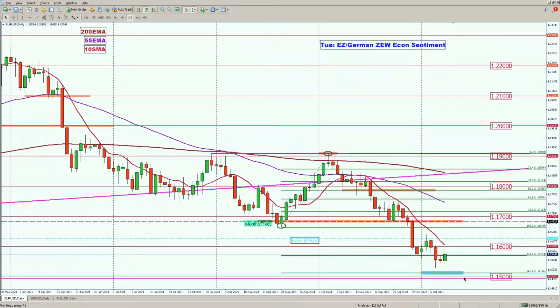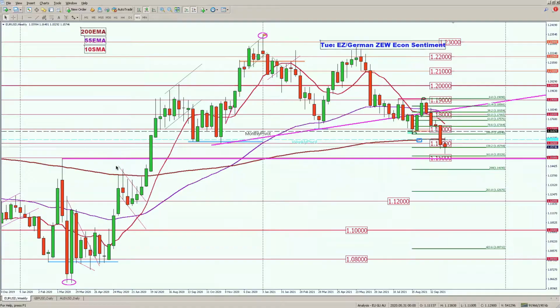And below that, there's a number of support levels with the 162 fib, the 115 round figure, as well as a swing high here from early 2020, early last year, that may provide support. So this level is going to be a critical support level. But for now, it's able to avoid it.